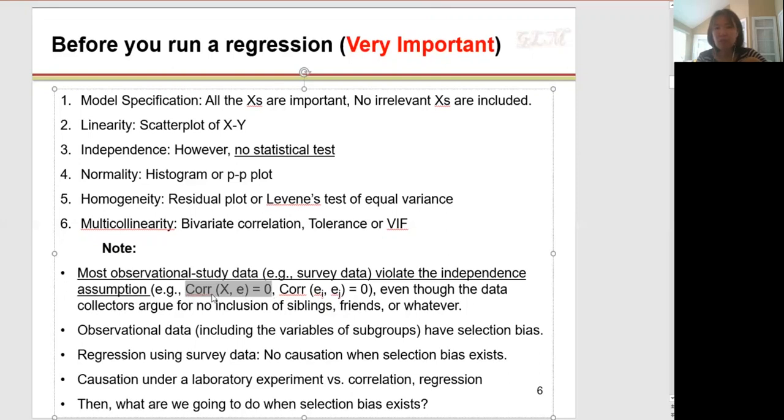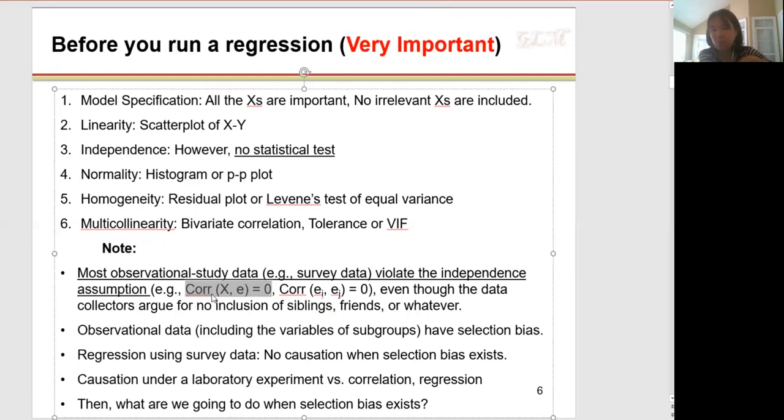We have to think about the meaning of correlation and causation, and a lot of scholars are conservative. Why? There is no absolute truth.